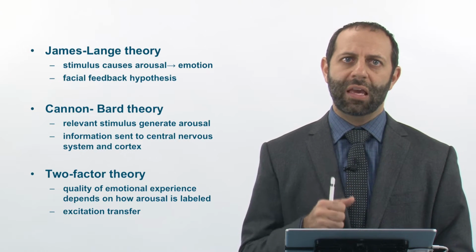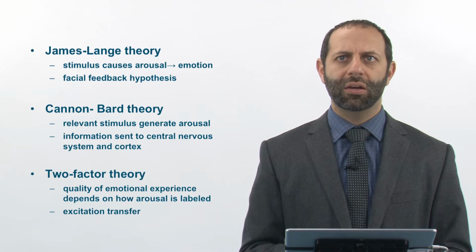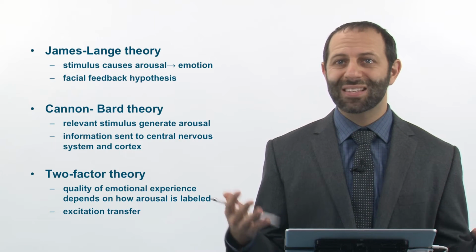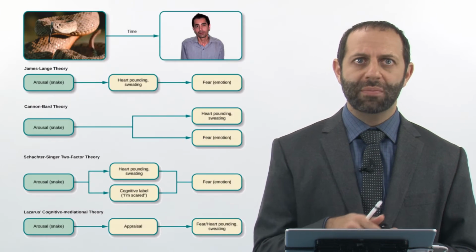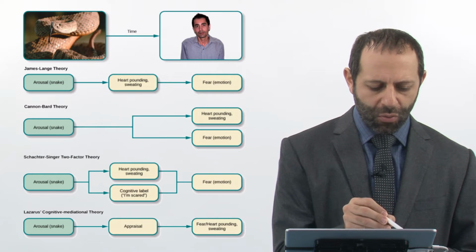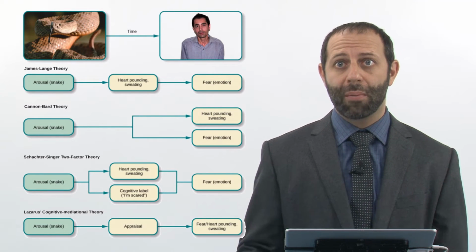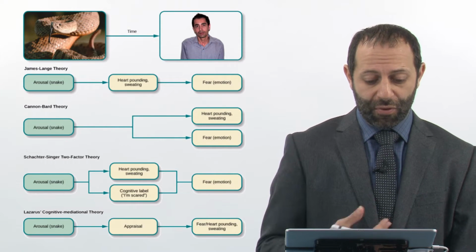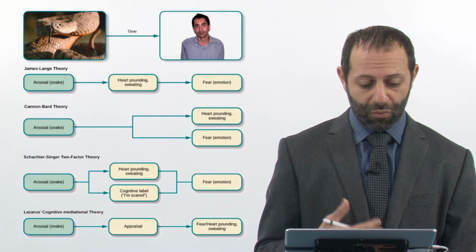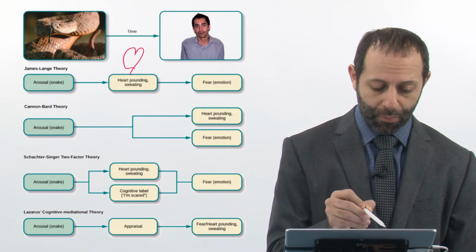The James-Lange Theory says that, let's say I'm out walking in a field, and suddenly a snake pops up in front of me. In this theory, I would first sense the arousal, meaning my body or my mind would notice that there is a snake and have a physiological arousal state, which would lead to my heart pounding, boom, boom, boom.